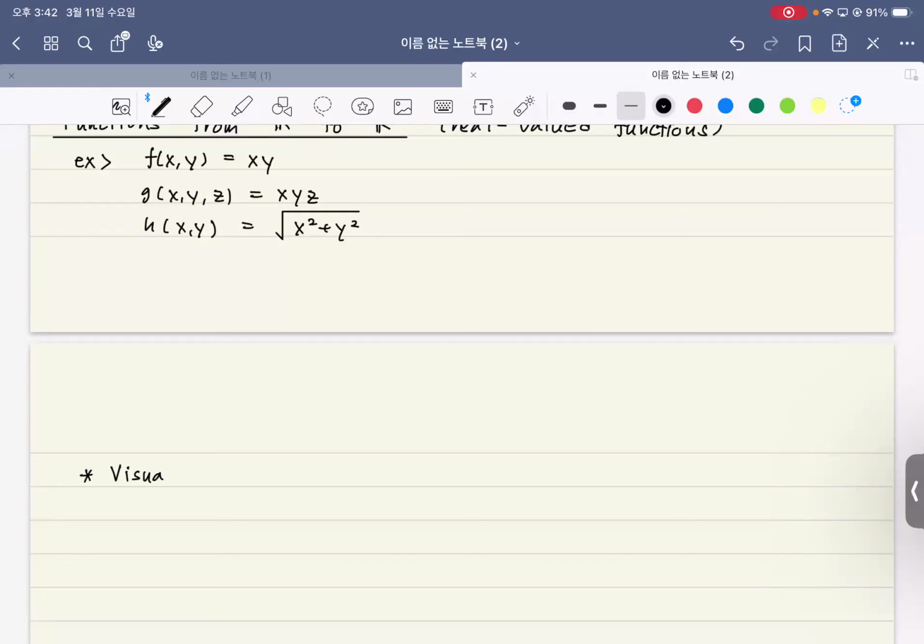So, visualizing functions. The first way to visualize functions is to draw the graph.